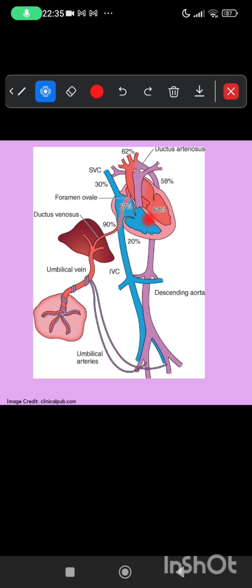Yes, it goes to the pulmonary vessels, enters the pulmonary circulation, and then the lungs, and then comes back to the left atrium.